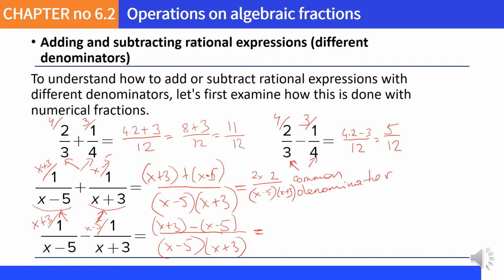It's important for subtraction not to change the sign of plus with minus. x plus 3 minus x plus 5 over x minus 5 times x plus 3. So in total, we'll have 8 over x minus 5 times x plus 3.